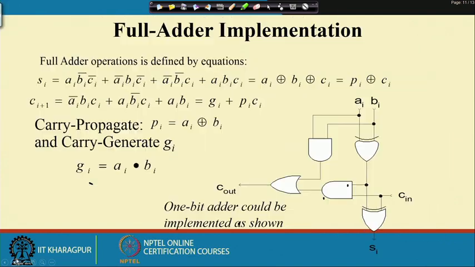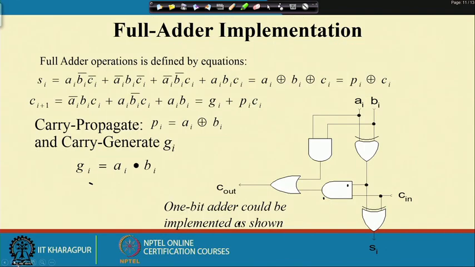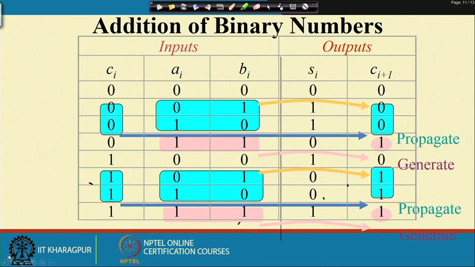Okay. So, if I write this as carry propagated, if you just go back for 1 1, sorry, for 1 1 over here, this is carry generation.